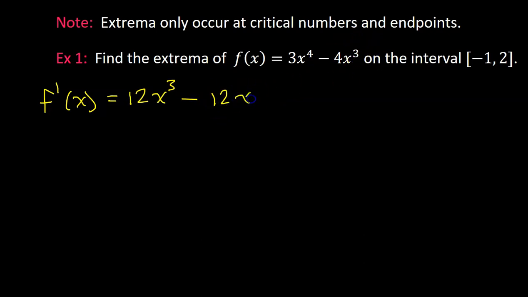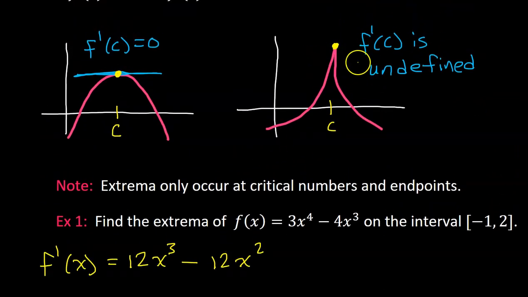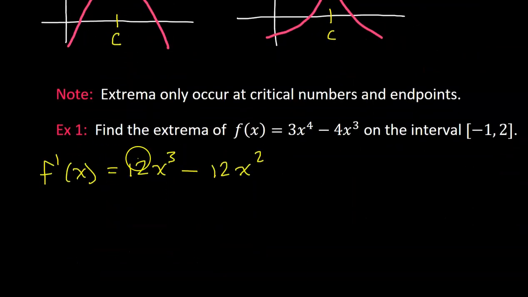And reduce by 1. So this is the derivative. We can already tell that there will be no values where the derivative is undefined. So we can sort of forget about this option right here. So all we have to worry about is where will the derivative be equal to 0.